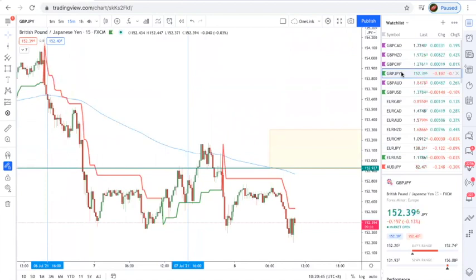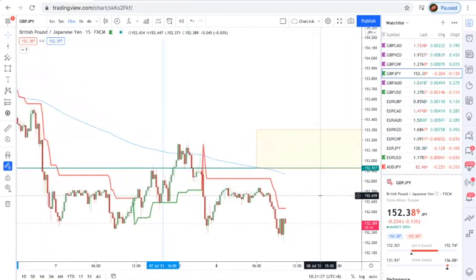Great Britain, Japan, we already analyzed. In the analysis, we said we go for sell, and this is the zone we are looking at for sell. Even the 15-minute is telling us the market is still on the sell momentum.